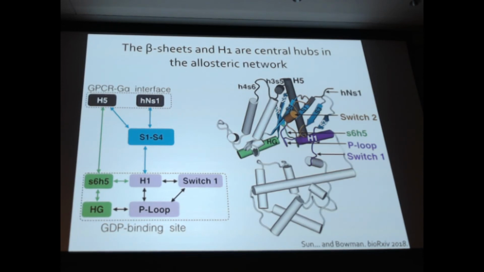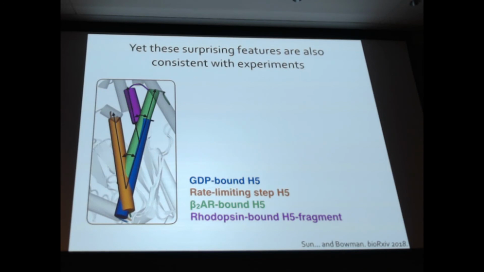And this maybe helps to resolve a standing conundrum in the field, which is that the things that we see move crystallographically are things like H5 and H1, but there's a lot of evidence from other experiments like NMR that see chemical shifts in these beta sheets. So by being able to capture both these concerted structural changes and changes in disorder, we can start to piece all of this together into a model that takes into account and is consistent with a wide variety of experiments.